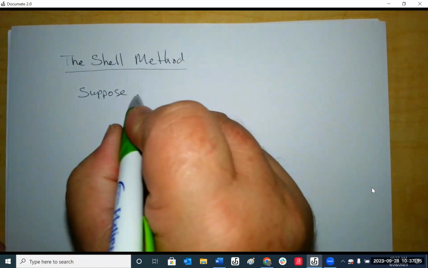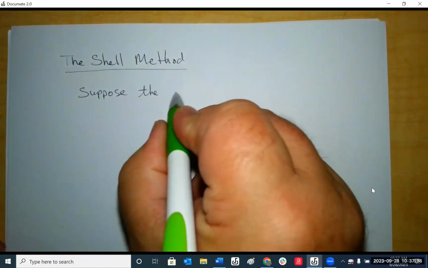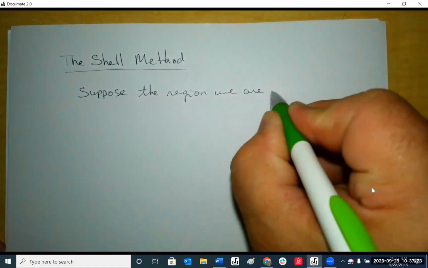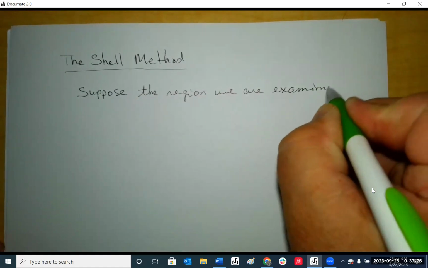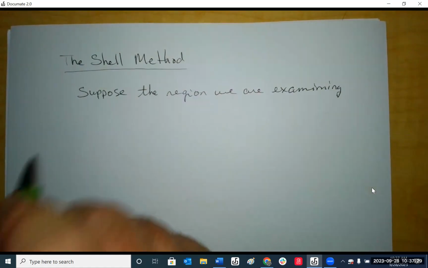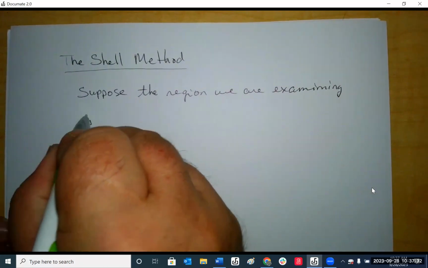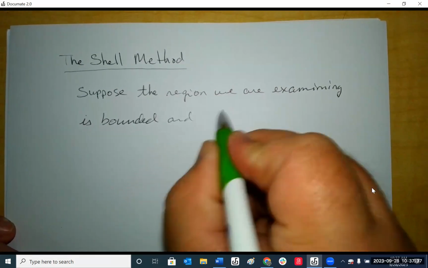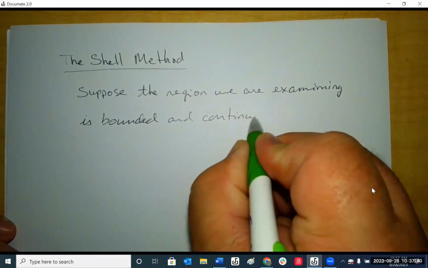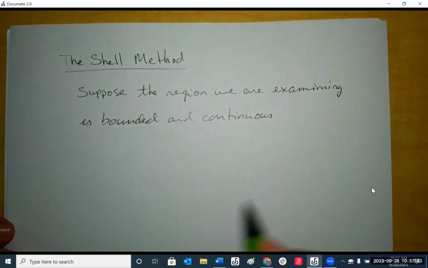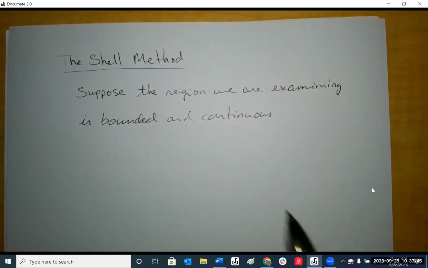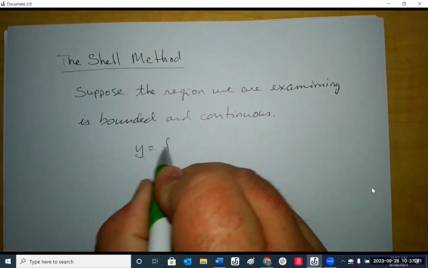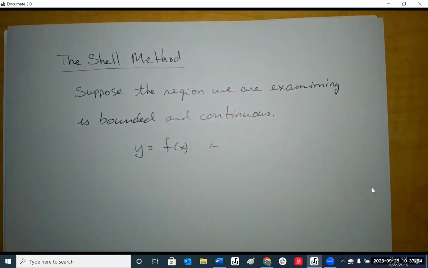Suppose the region we're looking at is bounded and continuous, meaning that our function is differentiable.